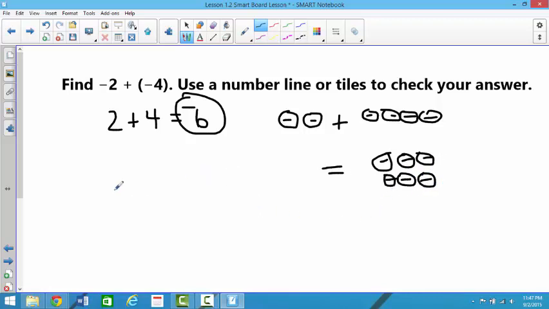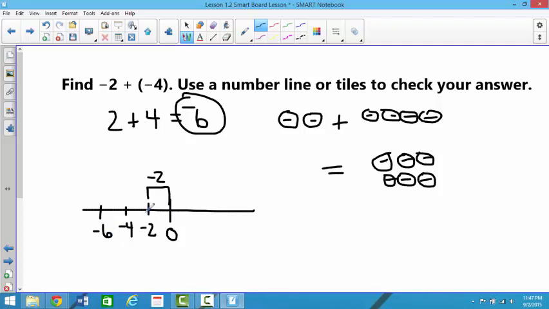Or you could also use the number line. If that's your 0, and that's negative 2, you start at 0 and go to negative 2, and you need to add 4 more. If that's negative 2, this is negative 4, this is negative 6.